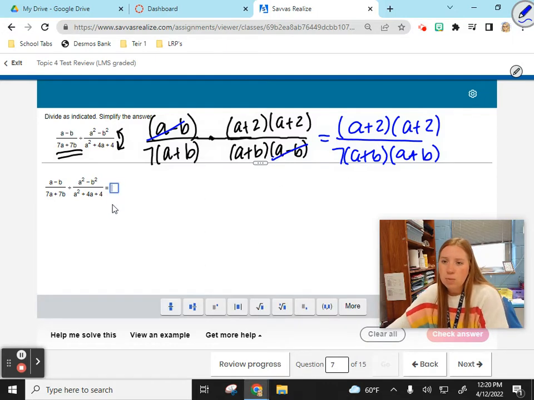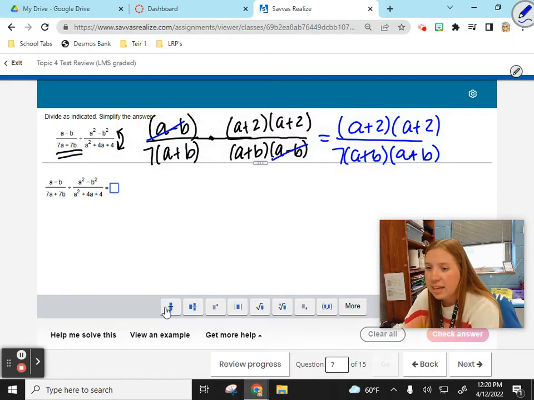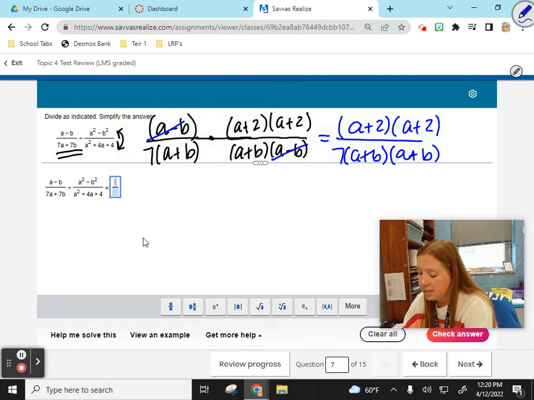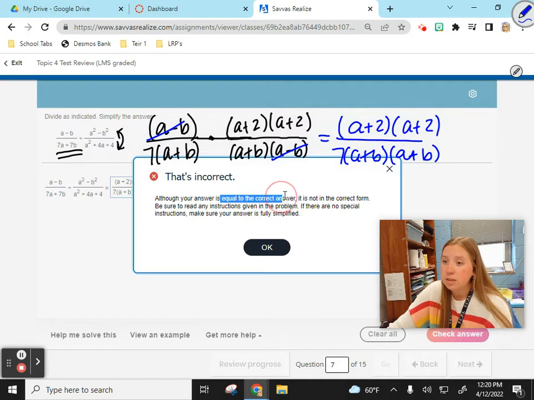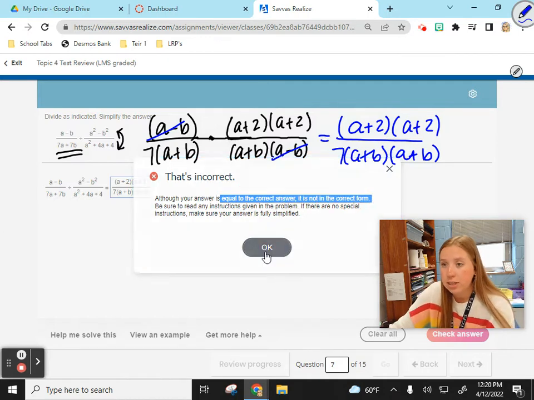And I want to see something. I think that if I type this in on Savvis, it might tell me that I'm wrong. So it says, although your answer is equal to the correct answer, it's not in the correct form.